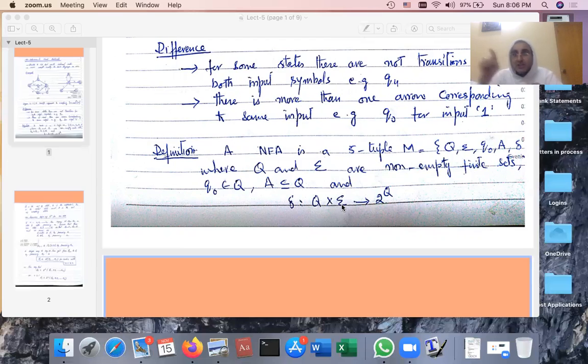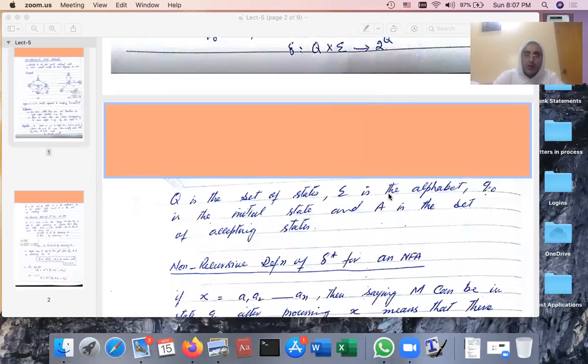So possible transitions, edges. So 2 raised power Q is basically the formula giving you the total number of transitions available for that FA.